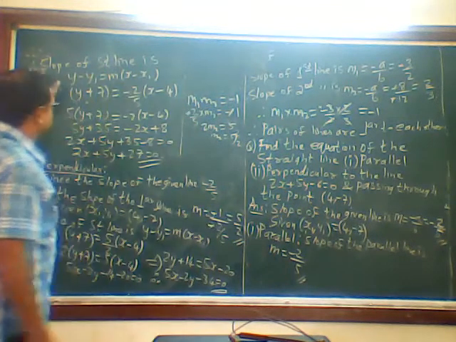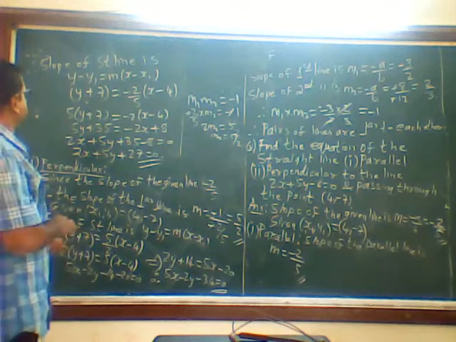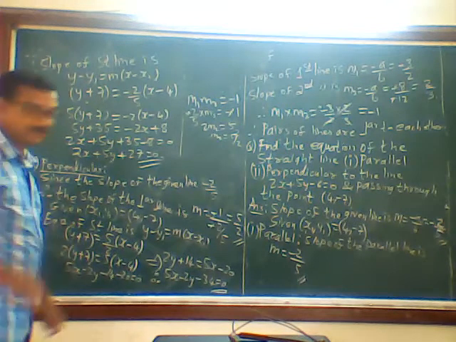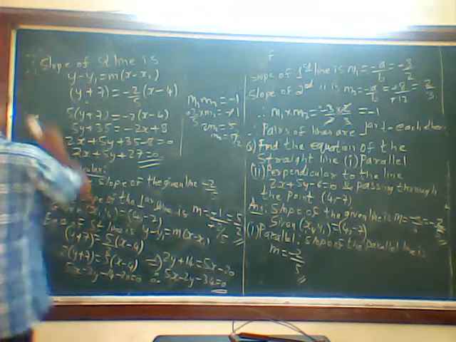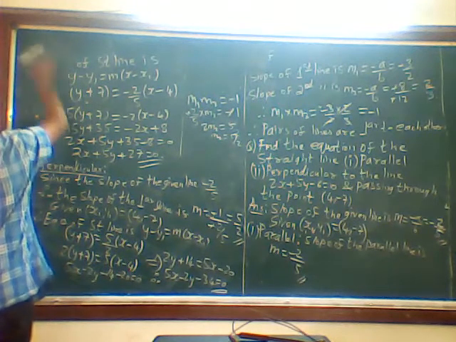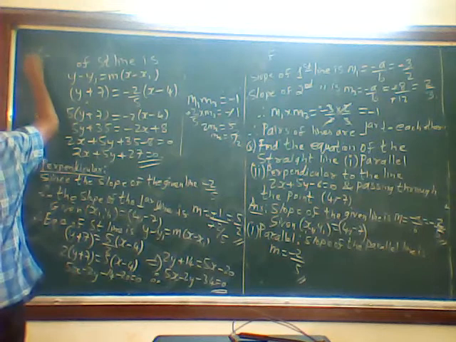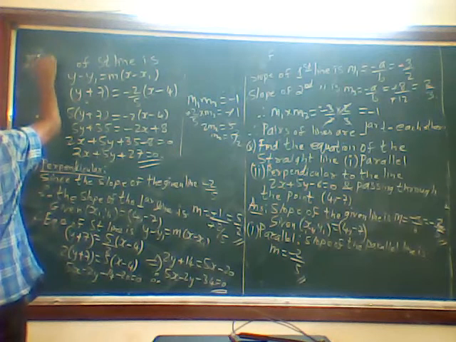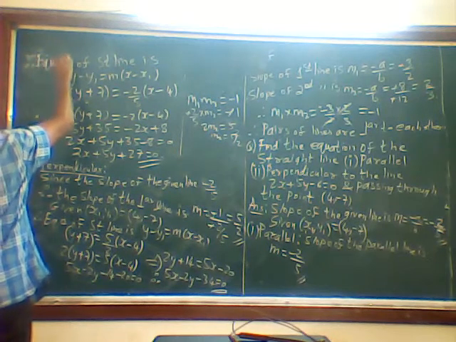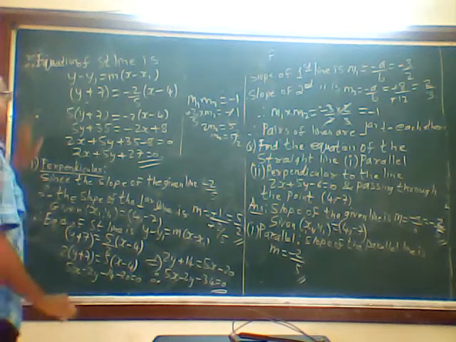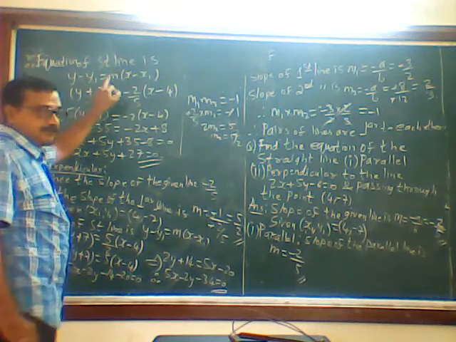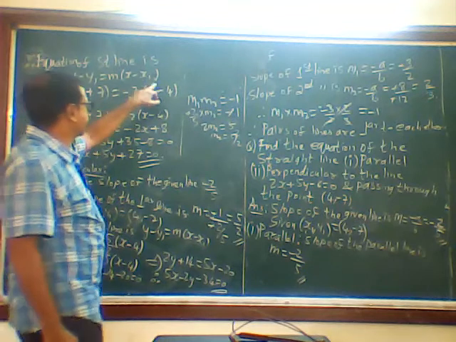And then the equation of the straight line is y minus y1 is equal to m into x minus x1.